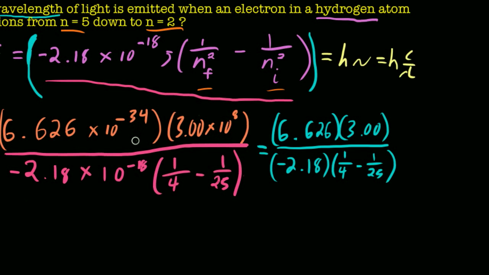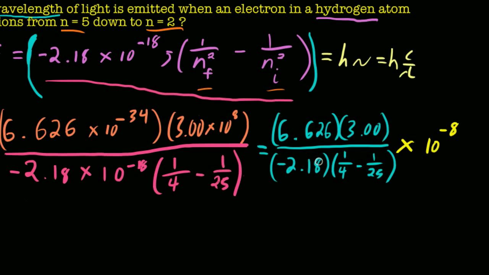So the final scientific notation, after we do all of this other computation, all I'm doing is adding these exponents, except this minus 18, when we multiply by it, is going to become positive. So we take 18 plus 8 gives us 26, and then 26 minus 34 is going to give us minus 8. So that's where I got all of that.